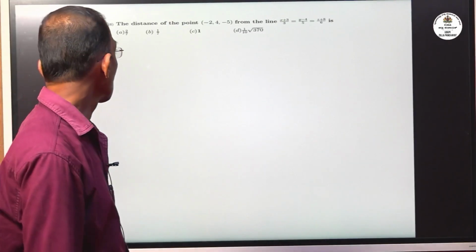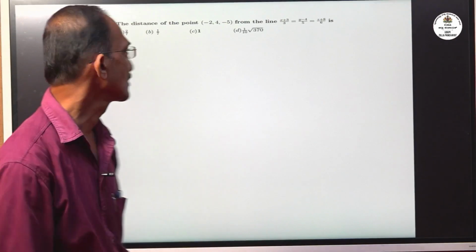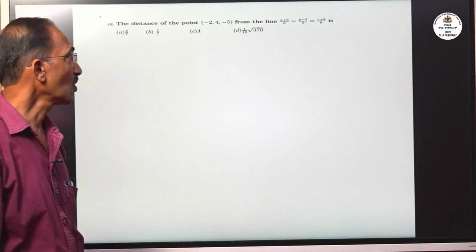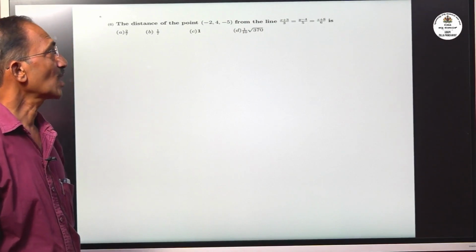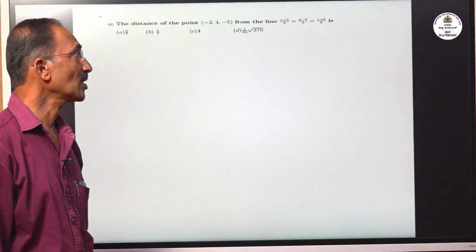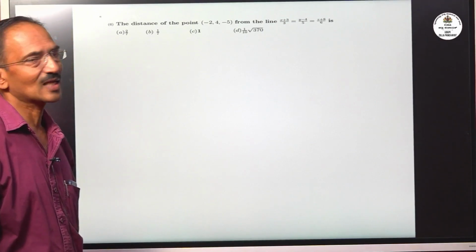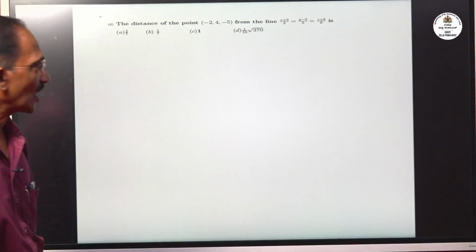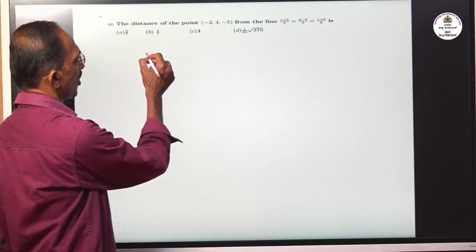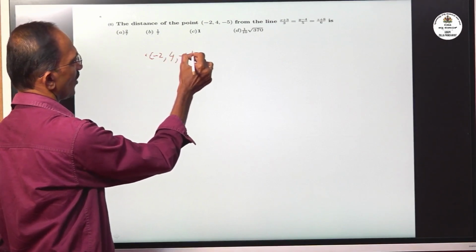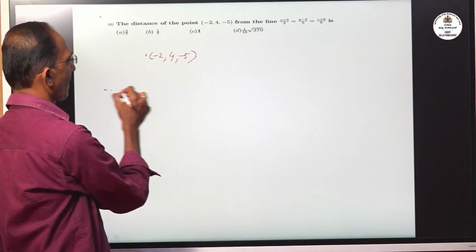Question number 6. The distance of the point (-2, 4, -5) from the line (x plus 3) by 3 equals (y minus 4) by 5 equals (z plus 8) by 6. So consider the point (-2, 4, -5) and the line.